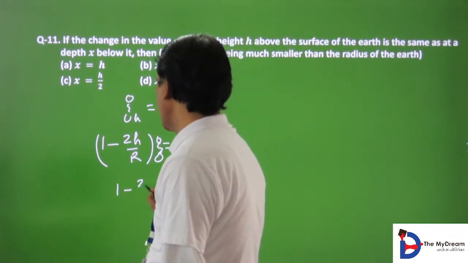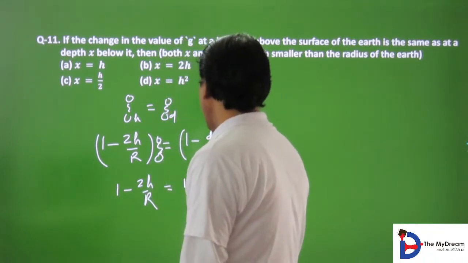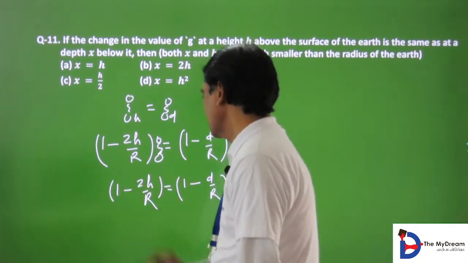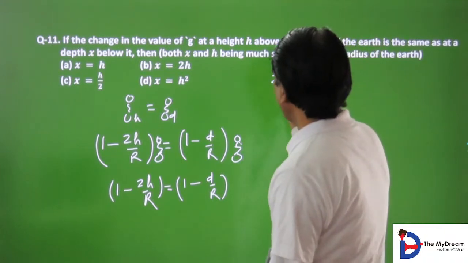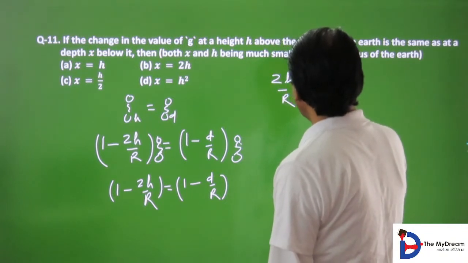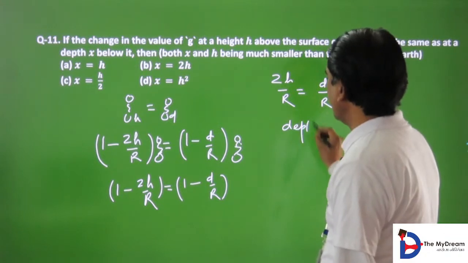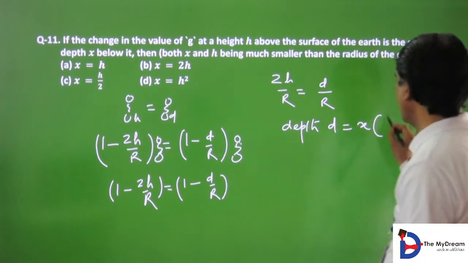One minus 2h by r, 1 minus d by r. So twice of h by r is equal to d by r, and depth d is x in this question.